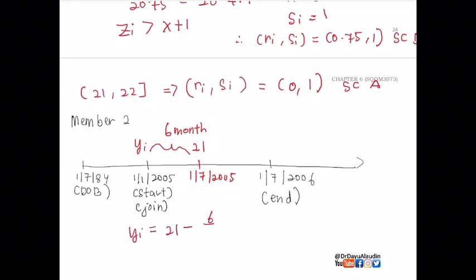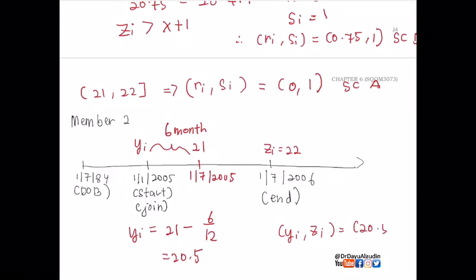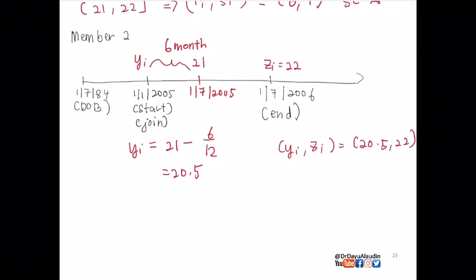So yi is 21 minus 6 months, which is 20.5, and zi equals 22. So yi, zi for member 2 is 20.5 and 22.